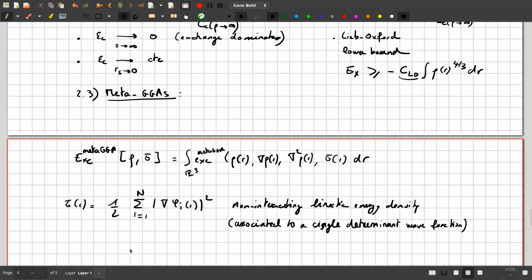That's why sometimes we also write tau of phi, where this phi is this single determinant, and the small phi are the occupied orbitals inside this determinant.